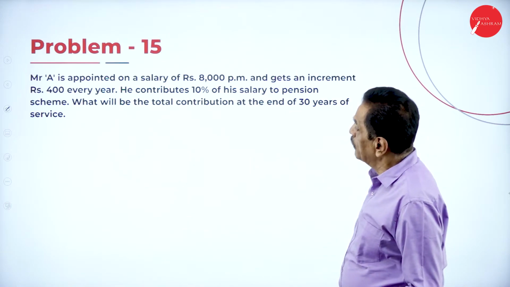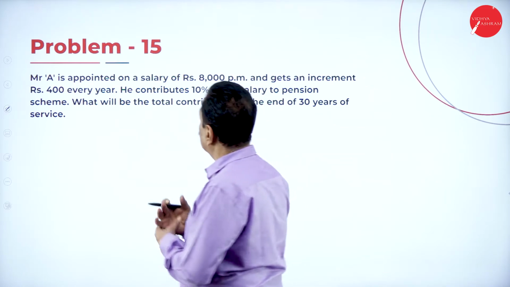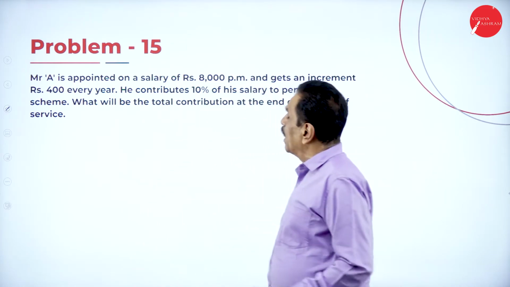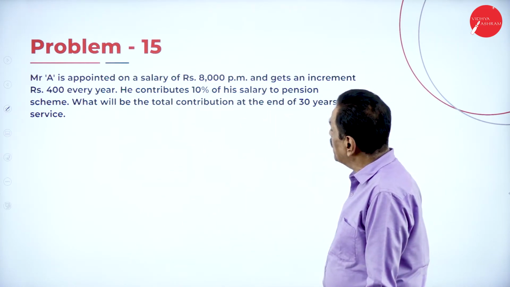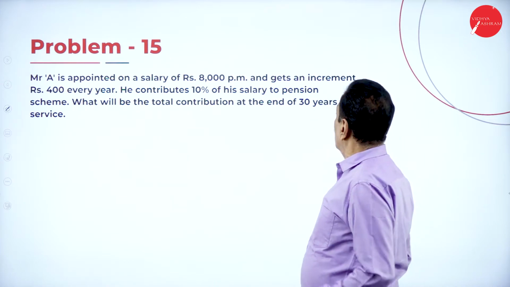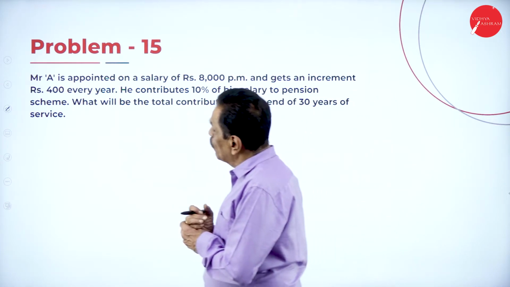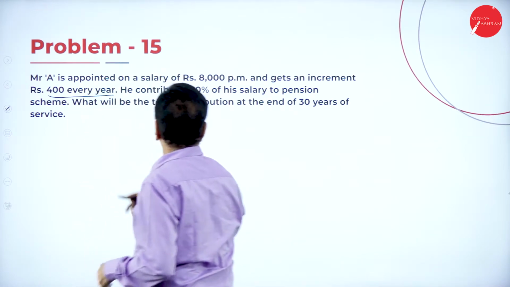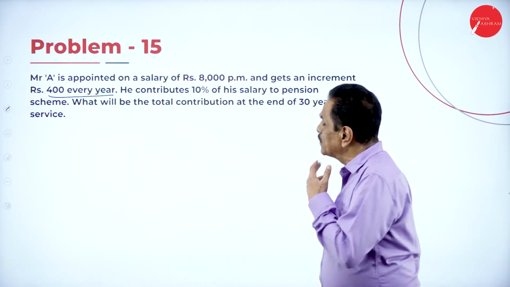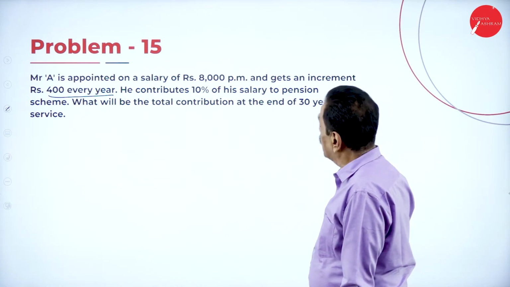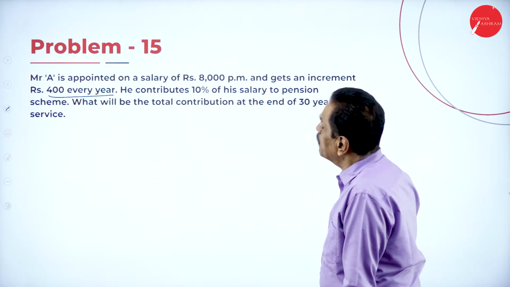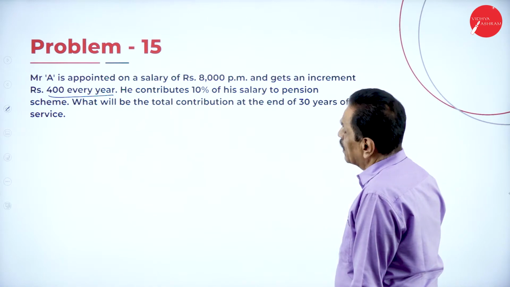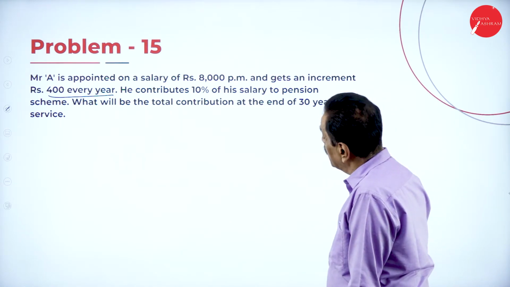We'll move on to the next one. Mr. A is appointed on a salary of rupees 8,000 per month and gets an increment of rupees 400 every year. He contributes 10% of his salary to a pension scheme. What will be the total contribution at the end of 30 years?